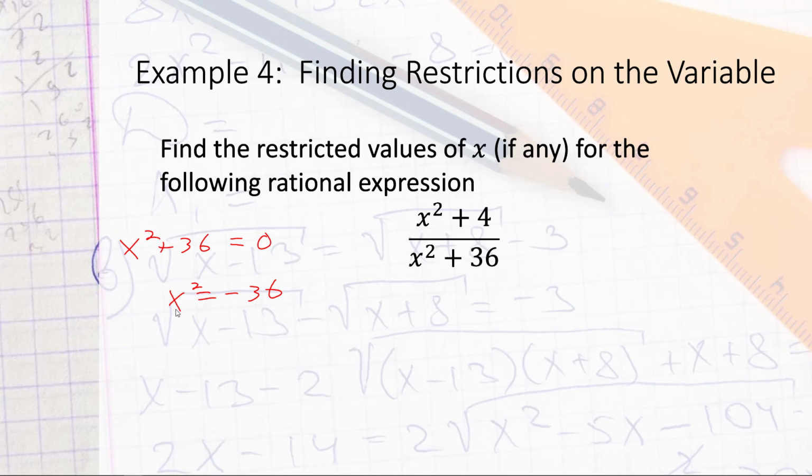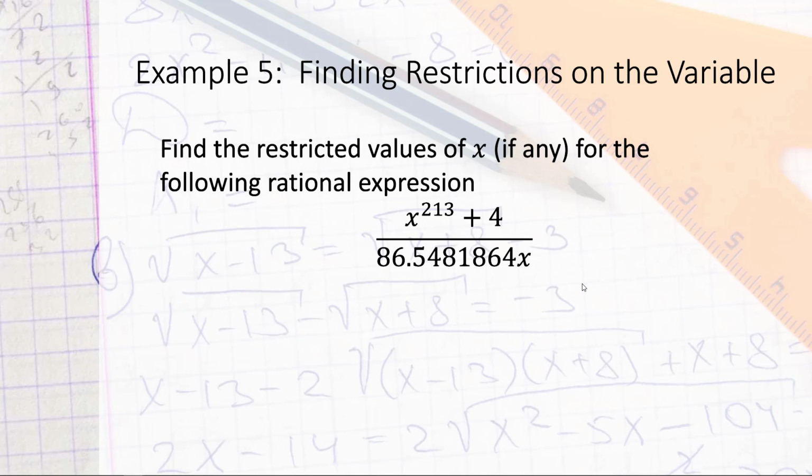However, whenever you take a number and square it, it will always be a positive number. Furthermore, if I took the square root, I would have x equal to the square root of -36, and the square root of -36 does not map to a real number. So as a consequence, there is no value of x that needs to be excluded. So there are no restrictions.